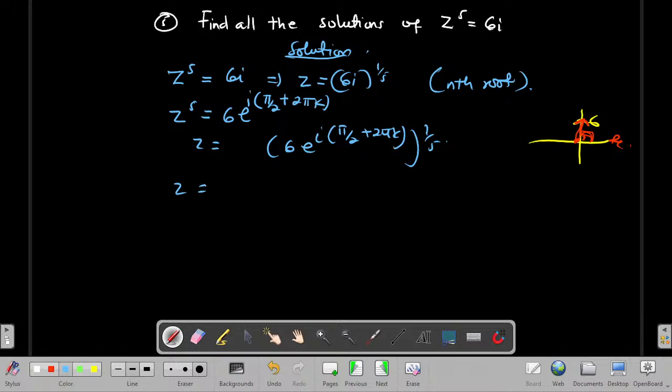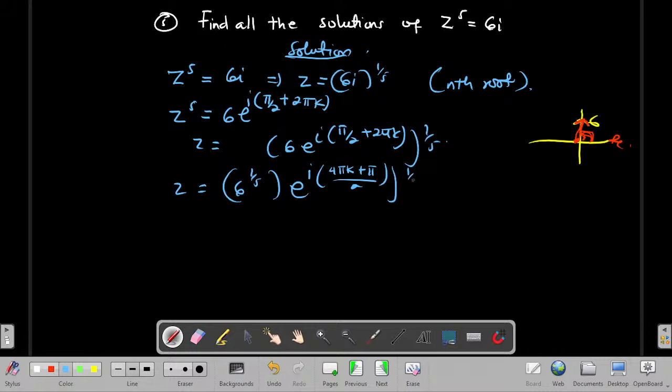So z is equal to 6 to the power 1 out of 5 multiplying e to the power, then you can simplify all this inside. So 2 times 2 pi k is 4 pi k. So I'll simply have i times 4 pi k plus pi all over 2.